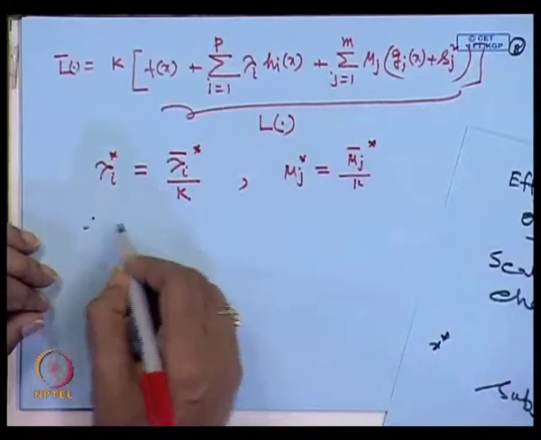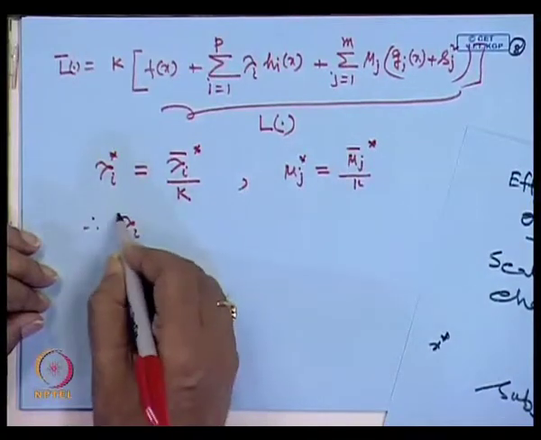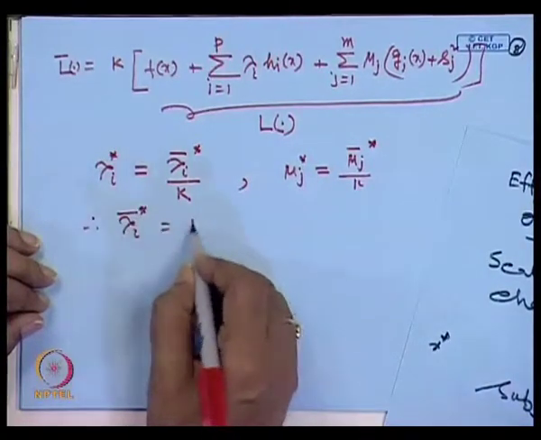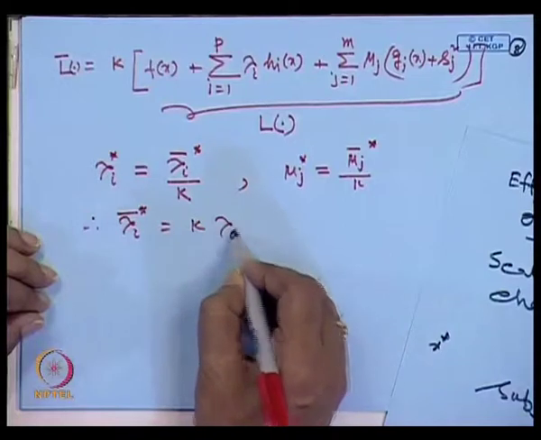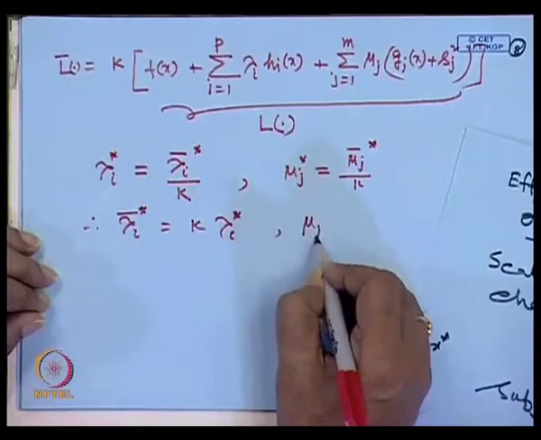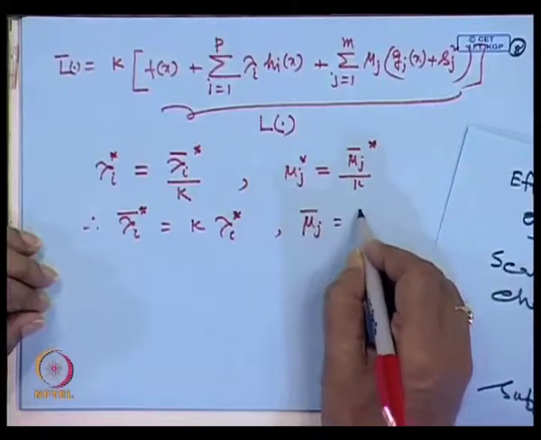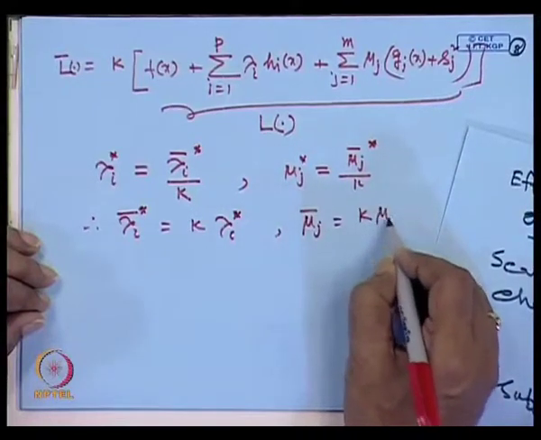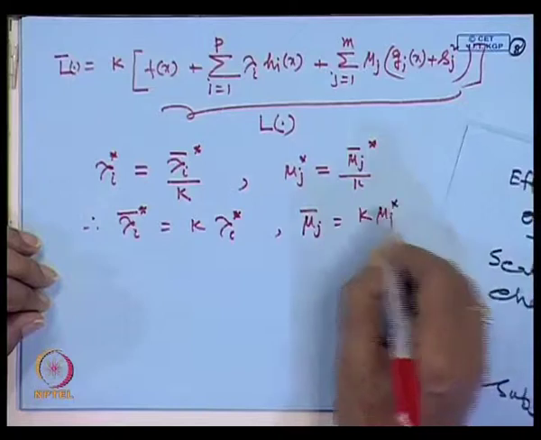Therefore, lambda i bar star is equal to k into lambda i star. Similarly, mu j bar star is equal to k into mu j star.